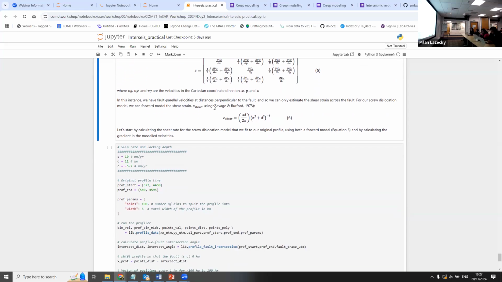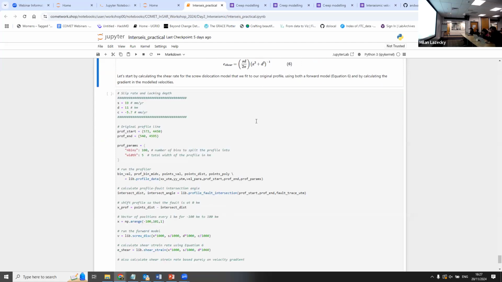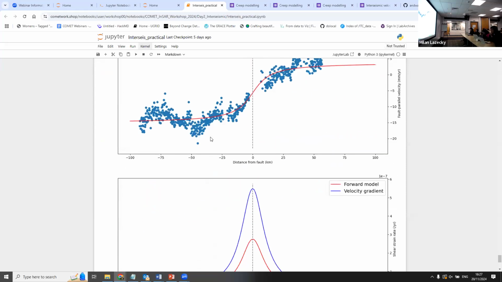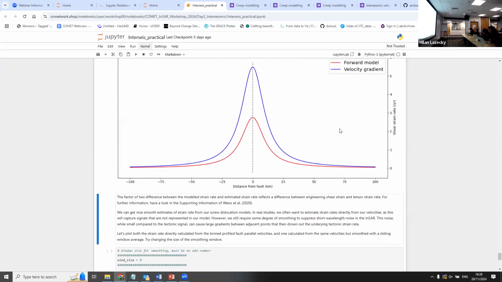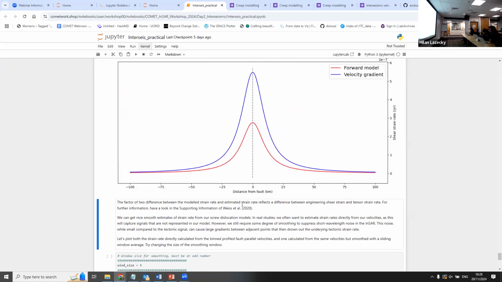For 1D, we can also use another method to calculate the shear strain rate by differentiating the dislocation equation, and we get this equation. So we can calculate strain rate using these two different methods. One is from the forward model, another is from the velocity gradient. They are a little bit different because of the different ways we calculate the shear strain rate.